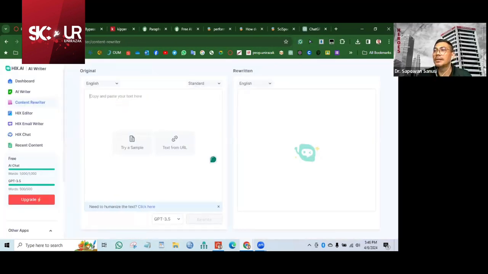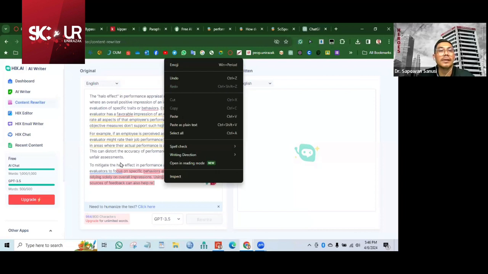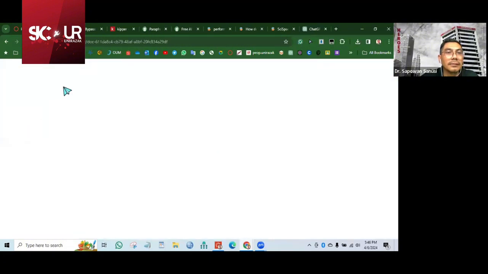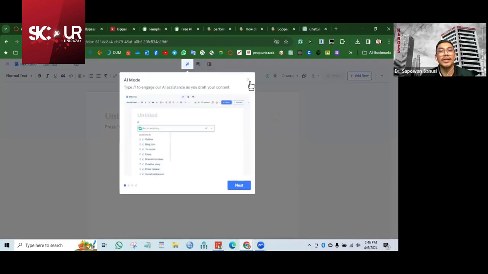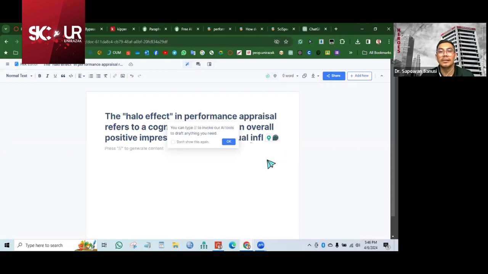For example, I write this. Dia ada editor. I tak boleh nak demo kat sini. Contoh ni editor. Okay, you write something about this, influence.